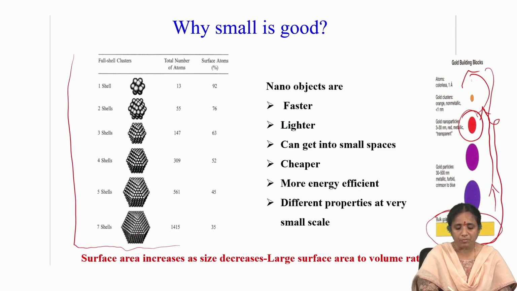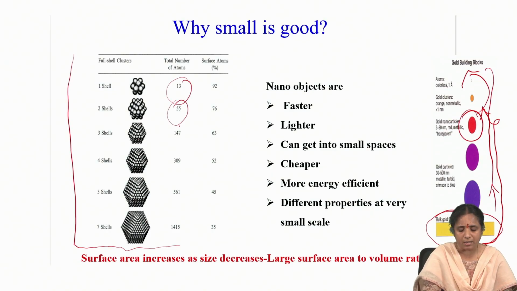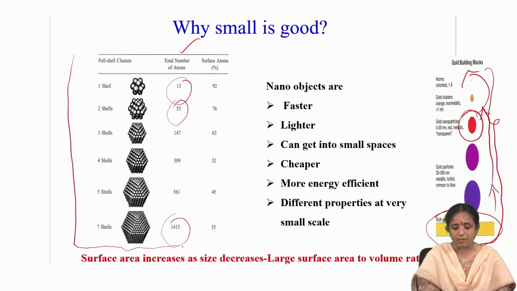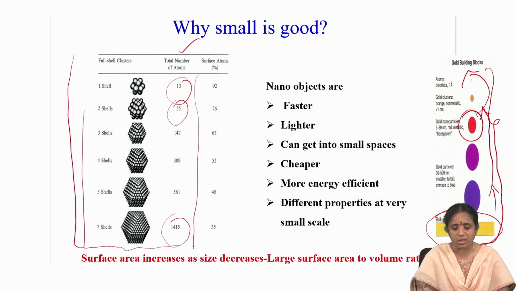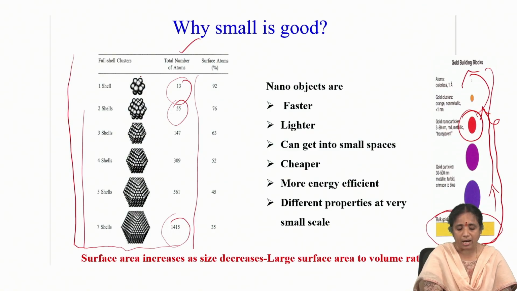As the size of the shells decreases, the total number of atoms in each shell increases, but the size of the atom is decreasing.